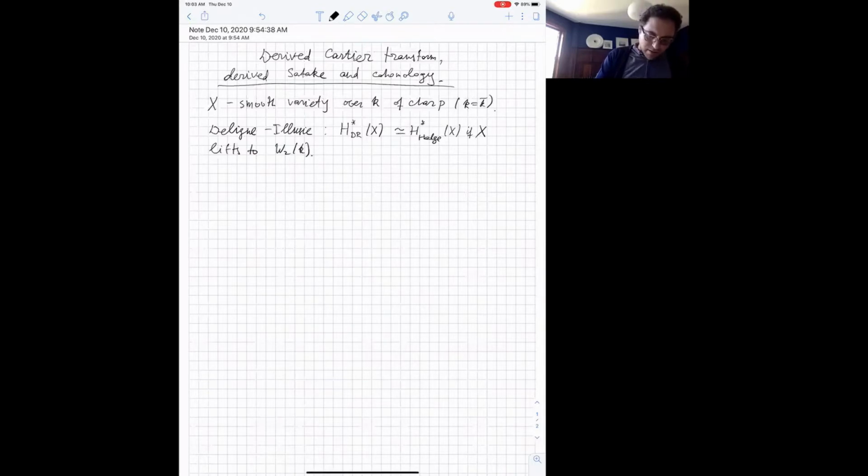And so I will recall it in the form of Ogus and Vologodsky. It says the following. So the argument is this.